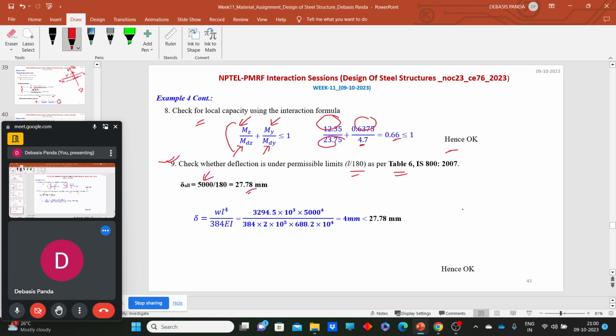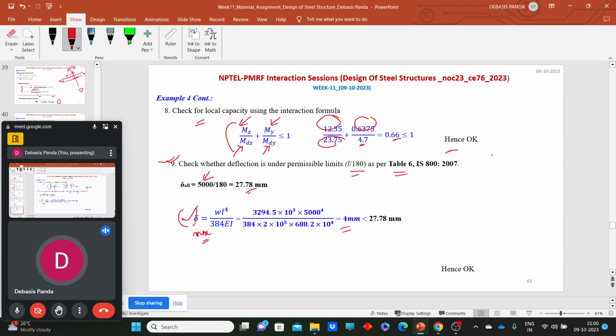Here for a continuous beam we are considering this formula, delta is wL to the power 4 divided by 384 EI, and this comes as 4 mm. This is also well within the allowable deflection limit. That means the delta maximum value is well within the delta allowable value.